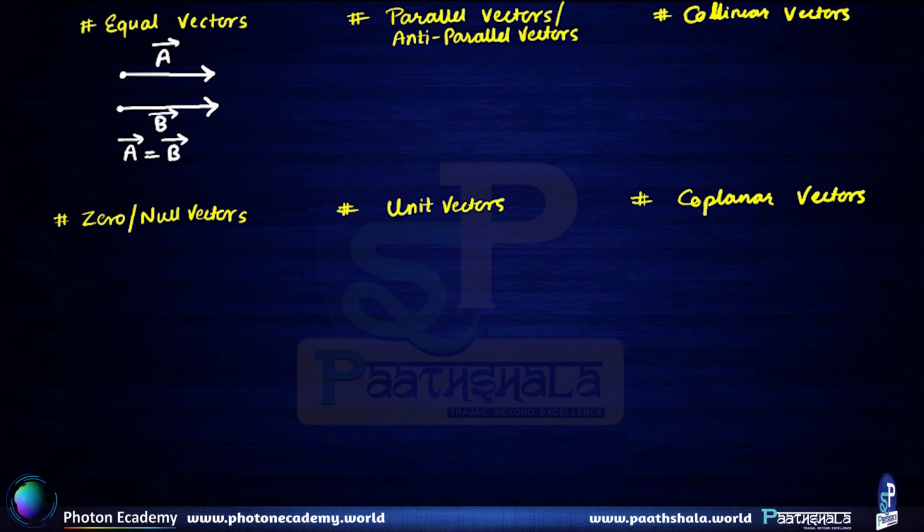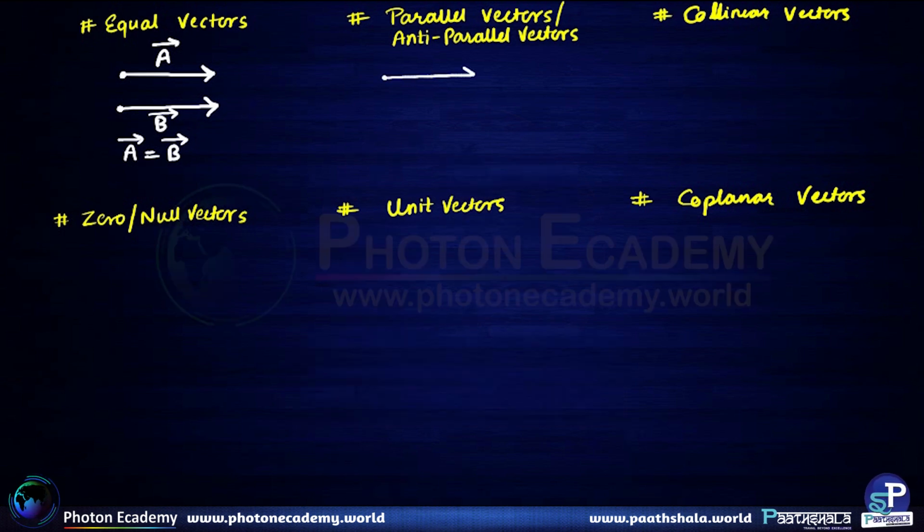In any other case, equality between two vectors is not to be specified or not to be defined. Parallel vectors are vectors pointing in the same direction, and anti-parallel vectors are vectors pointing in exactly opposite directions.